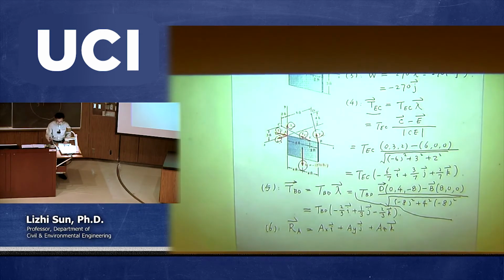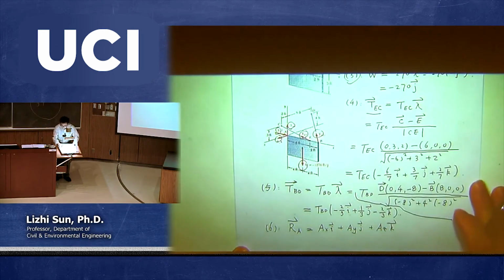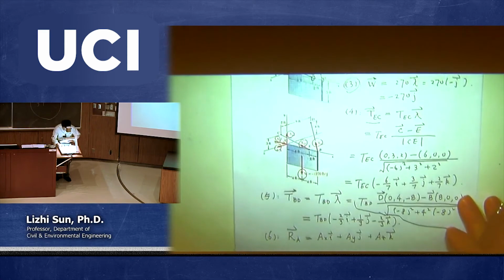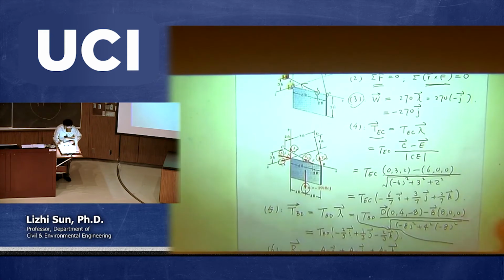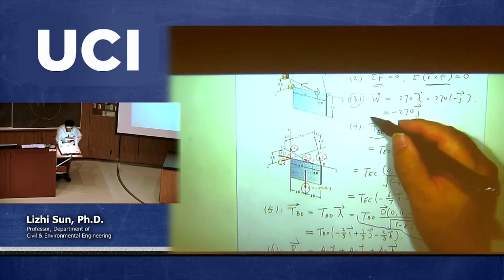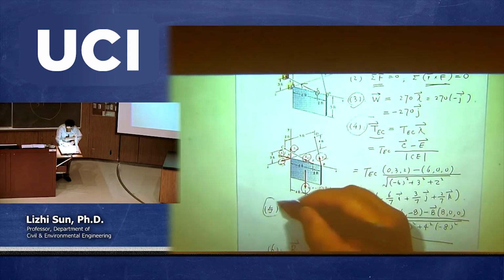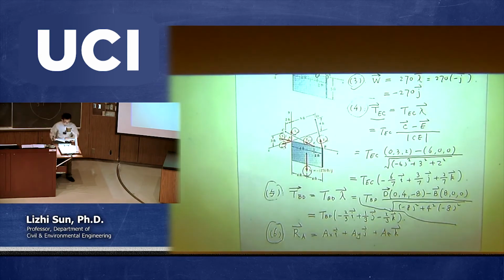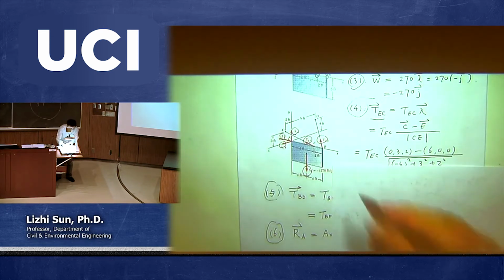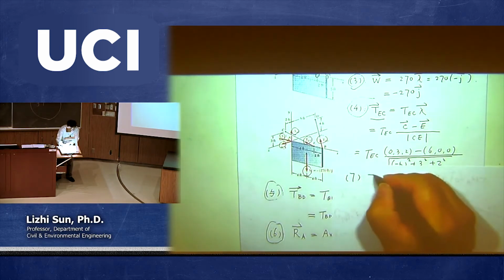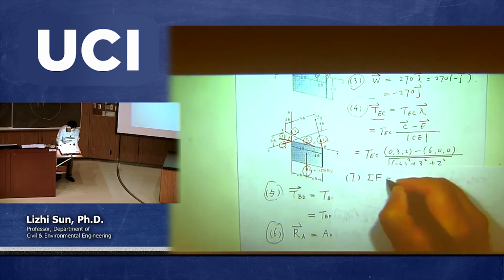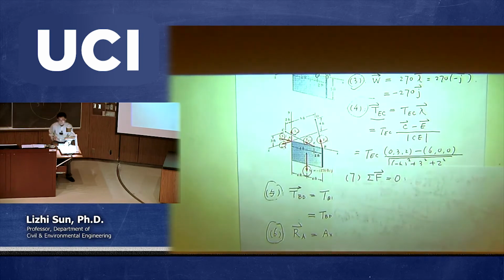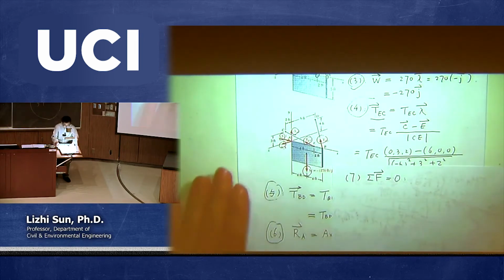Okay, so once we got all these forces, we have a W here. You see W? Yes, here. We have W here, we have this, and we also have this one. We just add them together. So step number 7, for example, we need to collect all forces and set equal 0. Okay, so we do one by one.